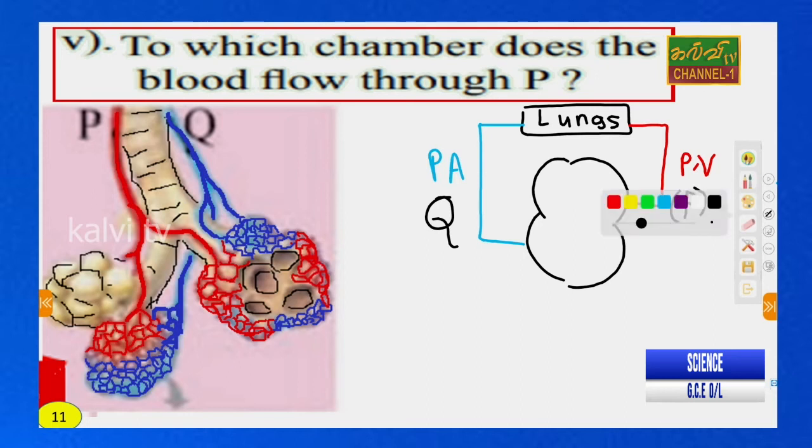The heart has 4 chambers. This is left atrium, this is left ventricle, this is right atrium and right ventricle.